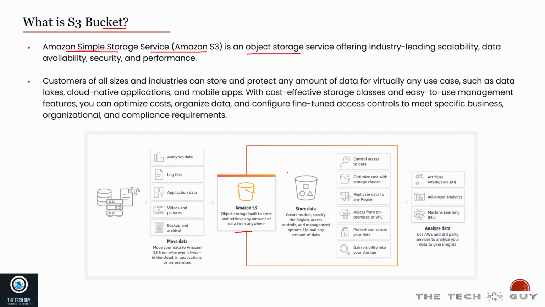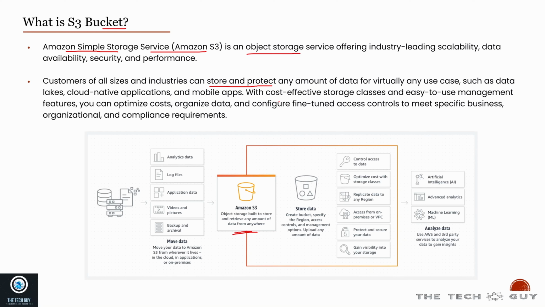Now, why would you really use S3? Because you can store and protect a lot of data. You can use ACLs to restrict the network. You can fine grain your access based on the policies. You can optimize your storage using lifecycle management. So for example, you're dumping a lot of data. You want a storage where you can just store your data.